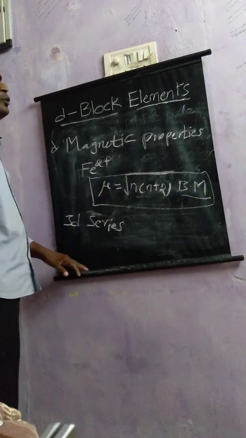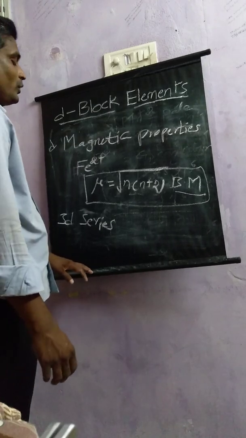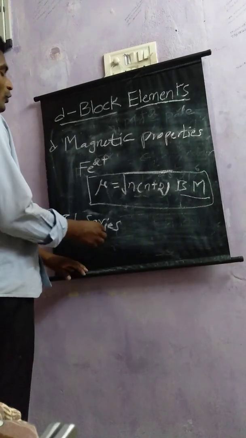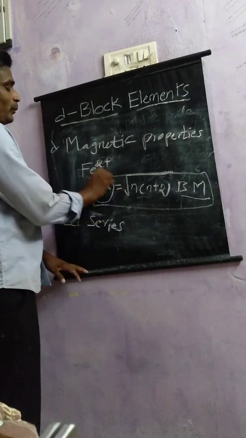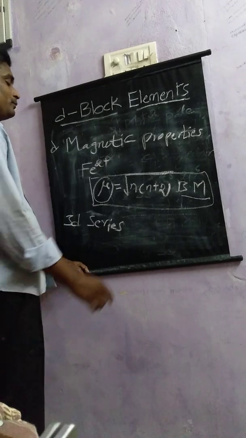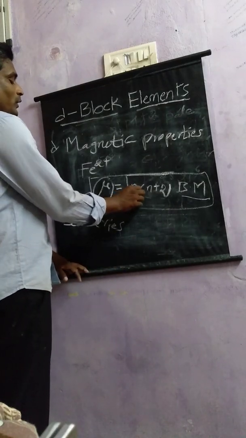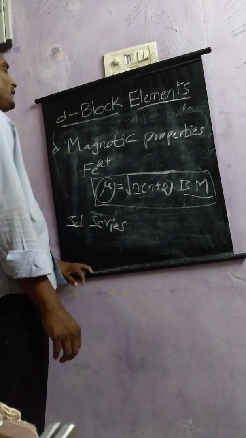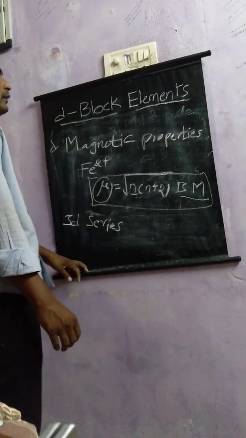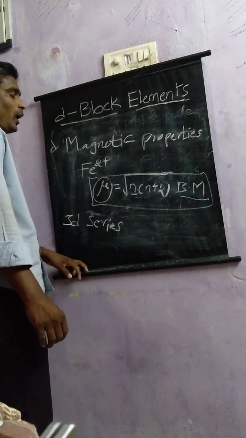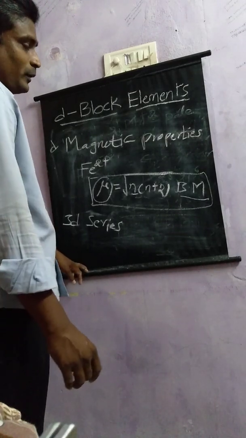that is mu is equal to root of n into n plus 2 BM. So mu is the magnetic moment of the ion or element. Coming to n, what is this n? n is the number of unpaired electrons in its elemental state or ionic state, whatever it may be.